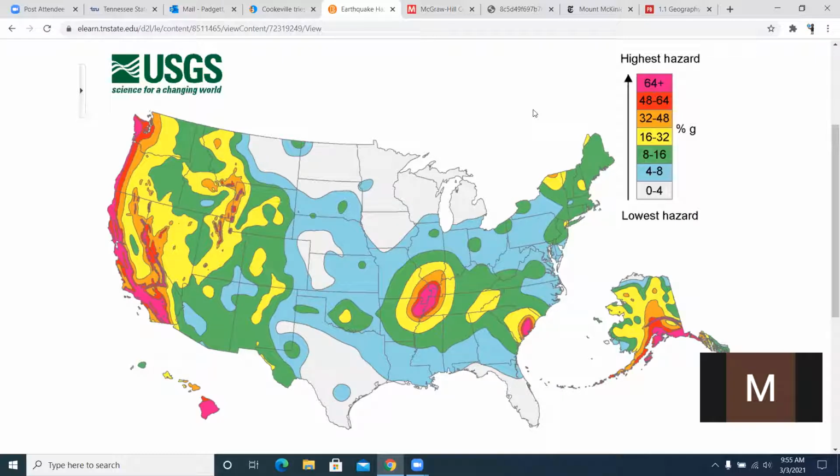You've probably heard about the earthquake risk in California, and you might know that Alaska is also a place of high earthquake hazard, and that is because California and Alaska are on seismic plate boundaries.